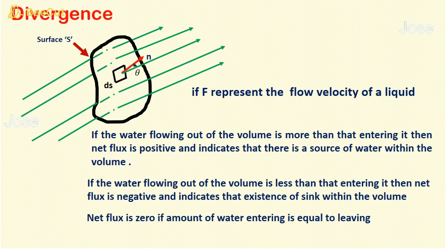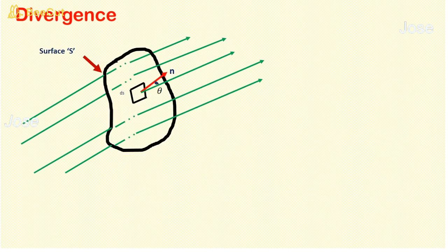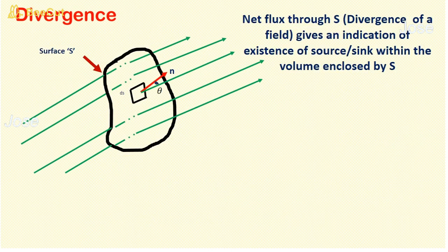Net flux will be zero if the same amount of water enters and leaves the volume. Therefore, divergence or net flux gives an indication of the existence of a source or sink within the volume enclosed by S.